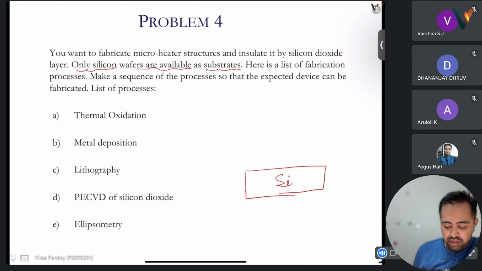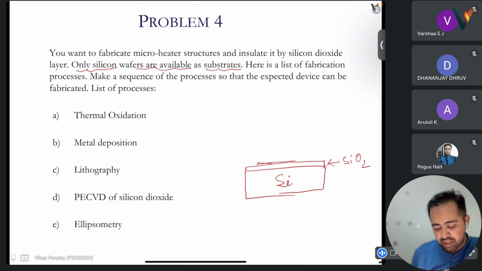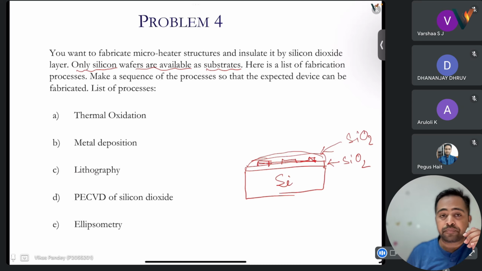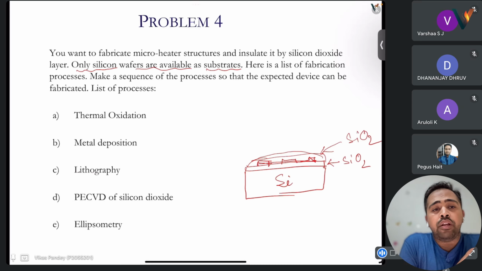So we have silicon dioxide, SiO2, over it, then we put the metals, pattern them as per our requirement, and then again cover with an SiO2 passivation layer. So to do this, which of the following processes in which sequence will be used to fabricate the devices? Anyone?